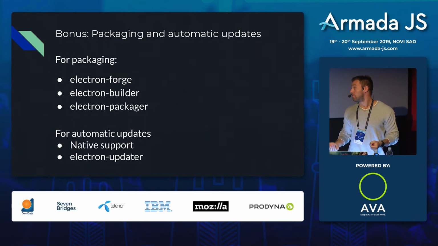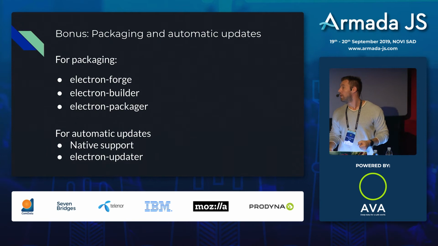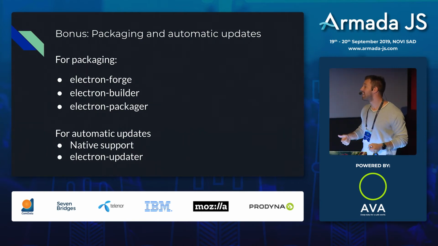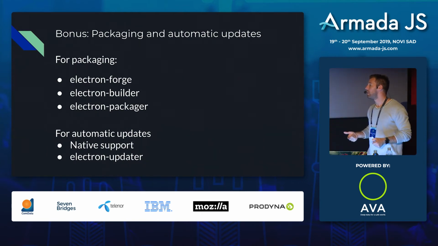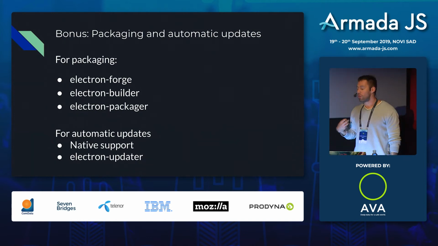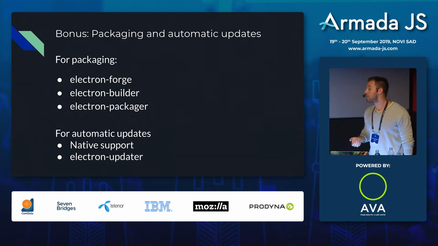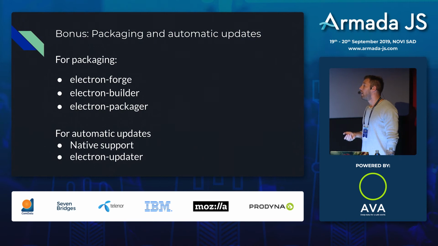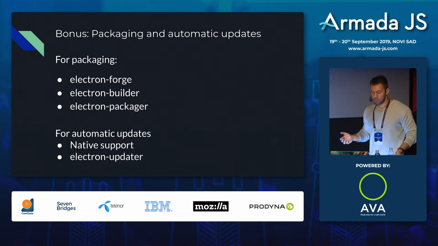In Electron, unfortunately, you do. But for automatic updates, you have both native support and the Electron Updater package. I suggest using the Electron Updater package because it's much better and has been around longer. It has a really good community, you don't have to set up a lot of things, and it basically just magically works.